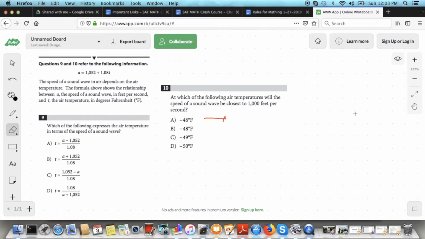I'm going to bust out the old iPhone calculator. I'm going to plug in -46 for T, so that's going to give us 1,052 minus 1.08 times -46. Oh, I lied. Hold on. It's plus. There we go. That makes more sense now.